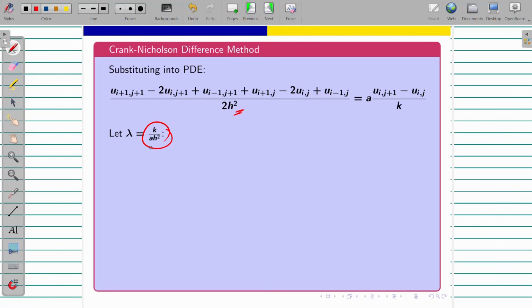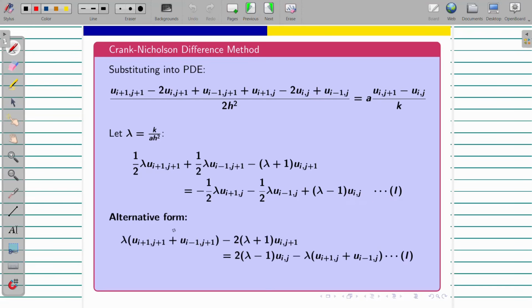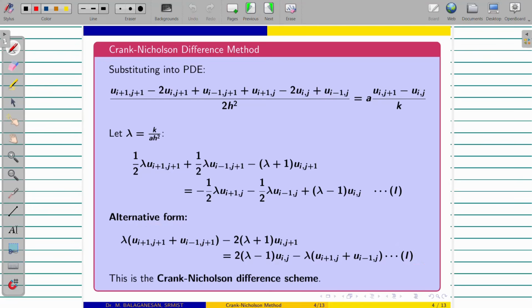That's why they simplify it by replacing this by lambda. Then he will get this equation in another form. If you take the LCM on both sides, they will get this equation. This equation is nothing but the Crank-Nicholson difference scheme.